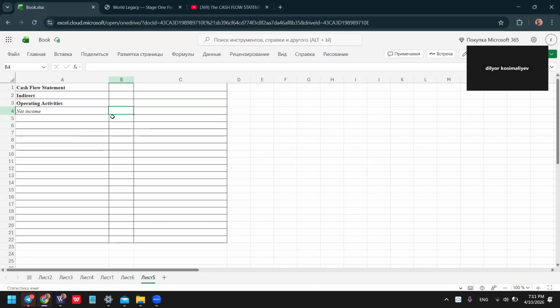The difference between the income statement and cash flow is that the income statement uses the accrual method. So sometimes transactions were added to profit even if no cash was involved.